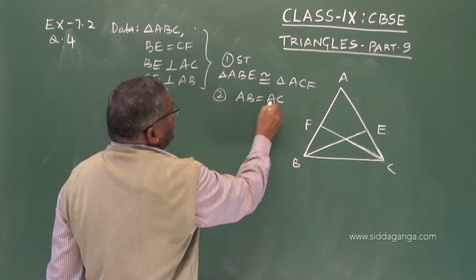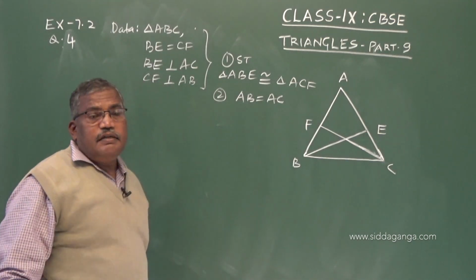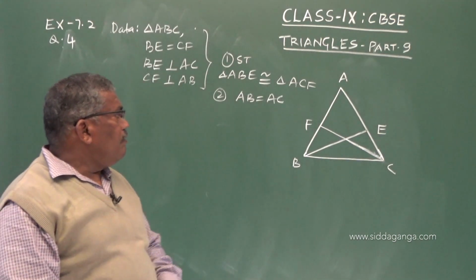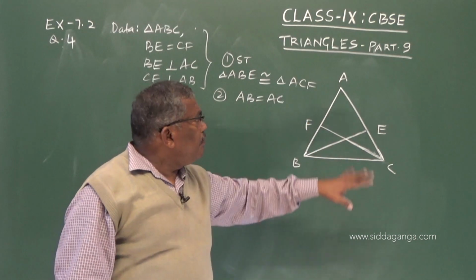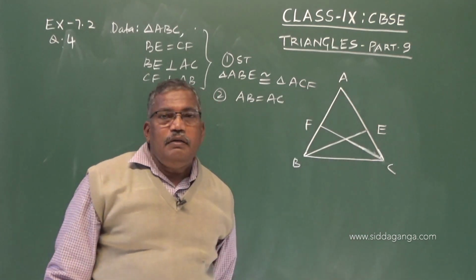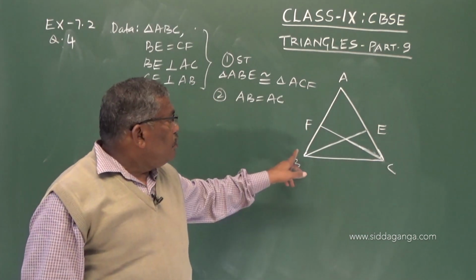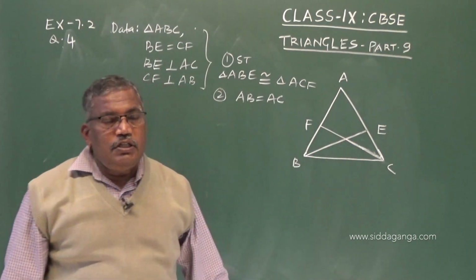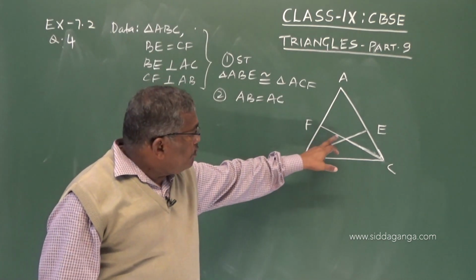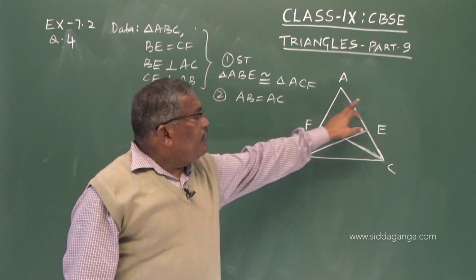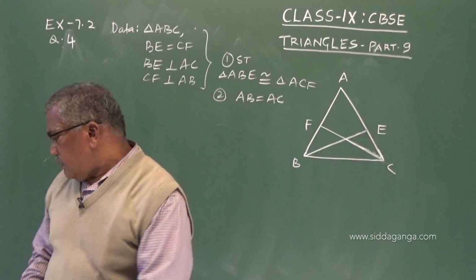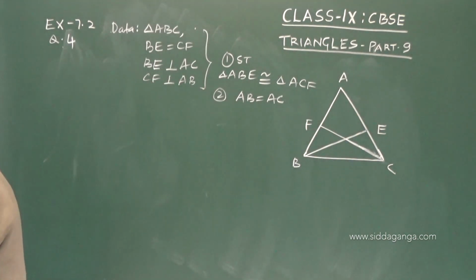Of course, it is just a reverse way of asking. In the previous problem, AB and AC were given and you were asked to prove the altitudes are equal. In this problem, it is given altitudes are equal. Prove that AB equals AC.